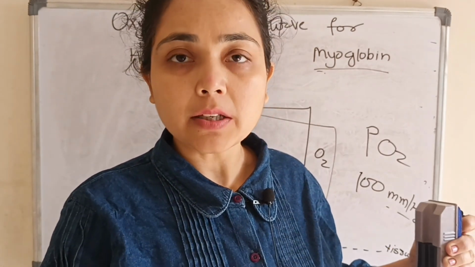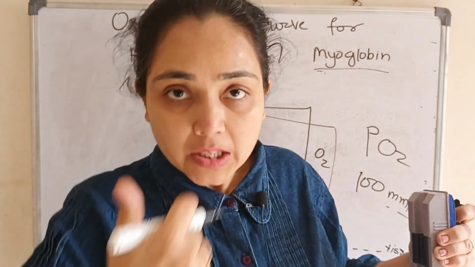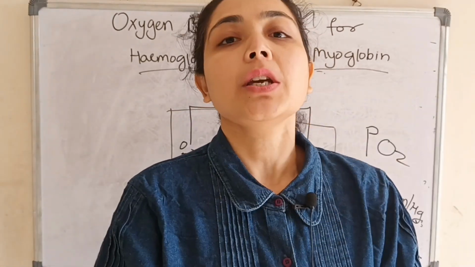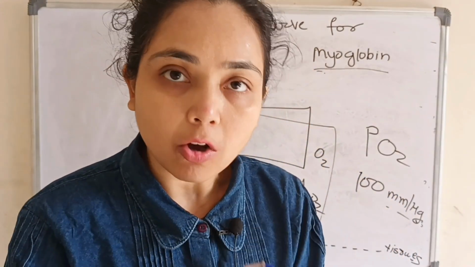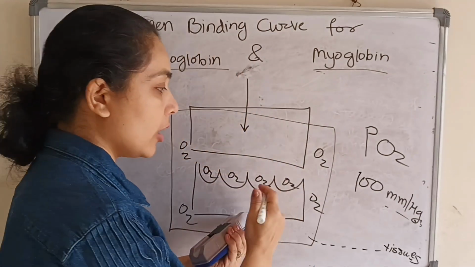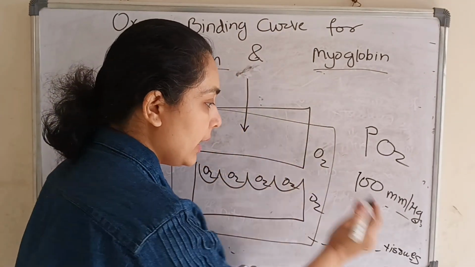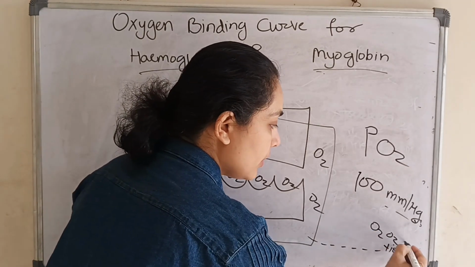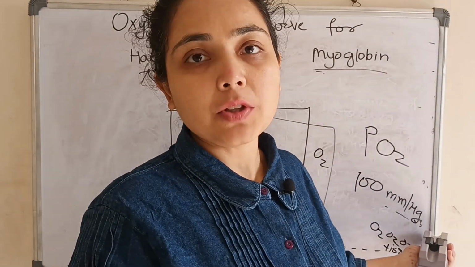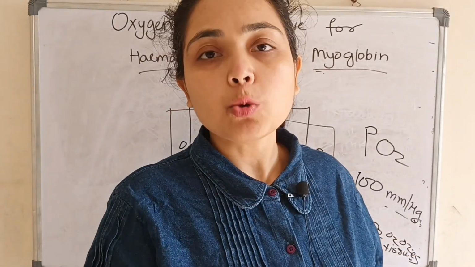In the exercising tissues, the partial pressure of oxygen is even less as compared to the resting tissue. So there the dissociation will take place, and that oxygen will unload. Oxygen will unload from the hemoglobin, and then oxygen will be supplied to the tissues or cells of the tissues, which is ultimately used to generate ATP.